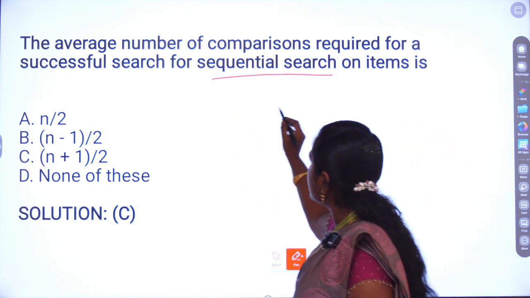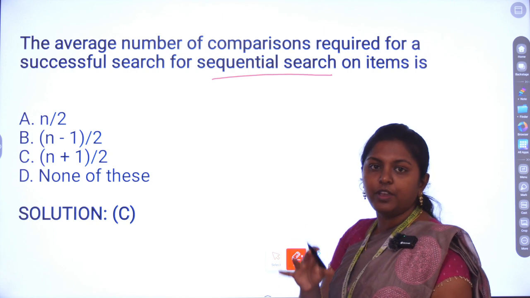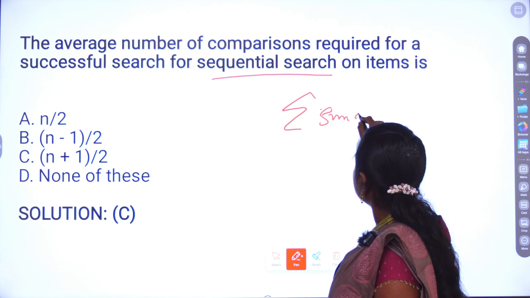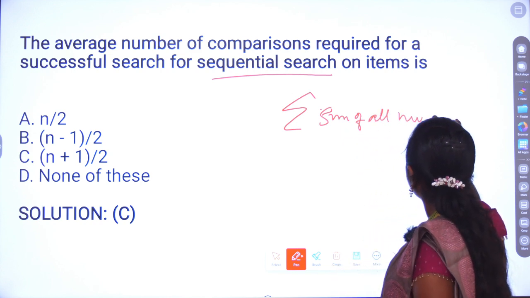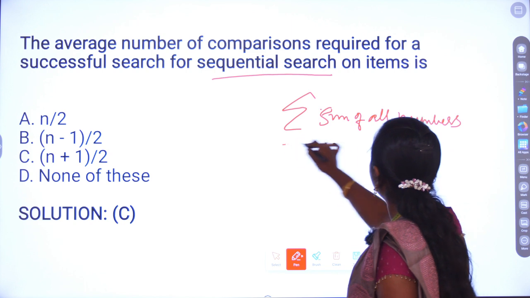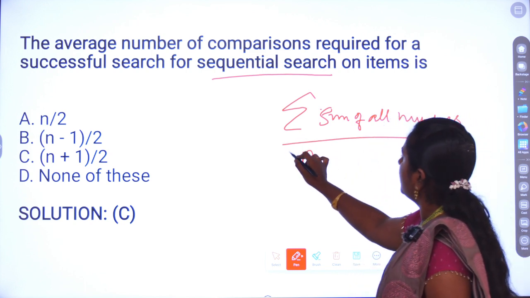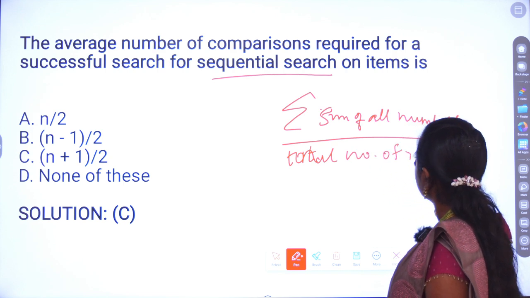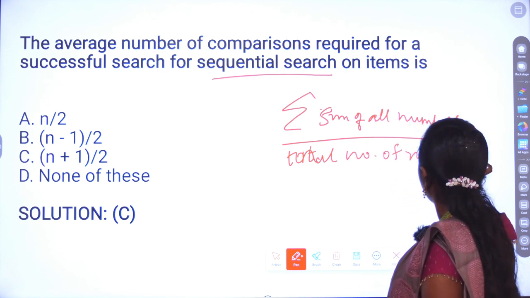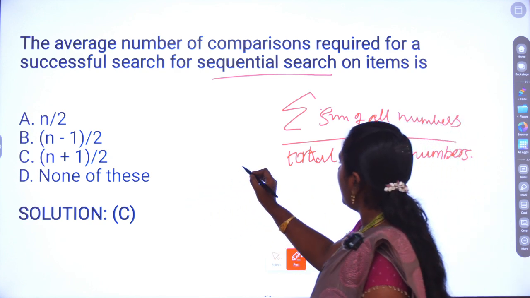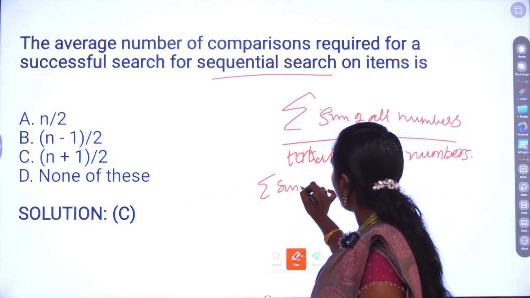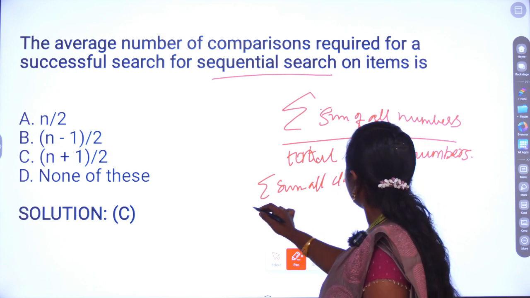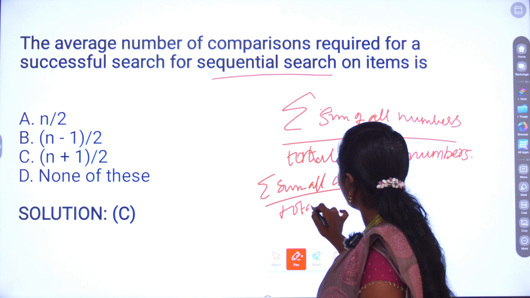Again, the average case is something like this. Usually when we find an average, what is our formula? Sum of all numbers divided by the total number of numbers. In the same way, here they have taken the sum of all cases divided by the total number of cases.